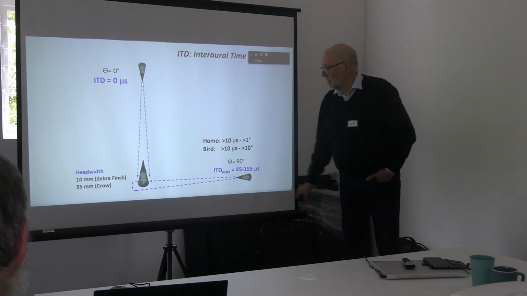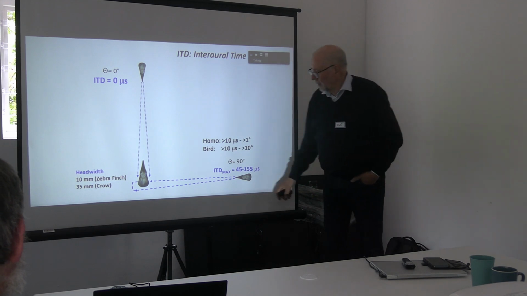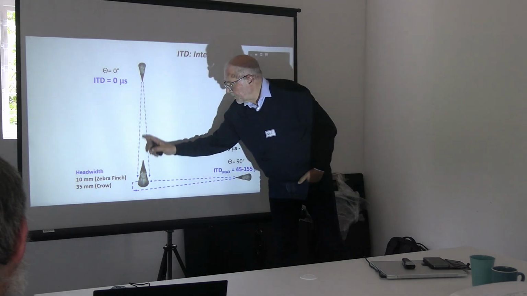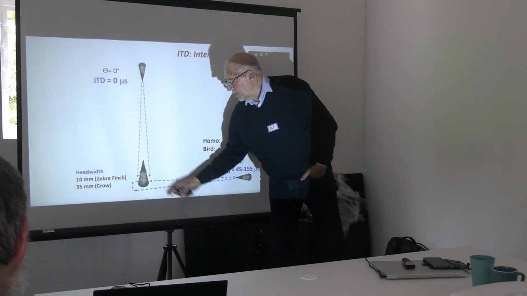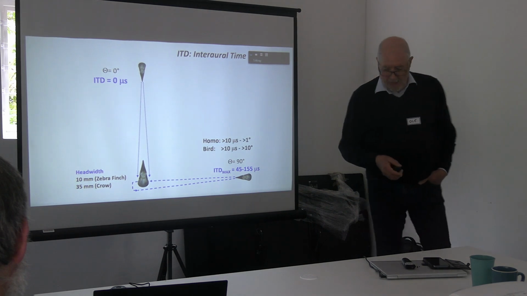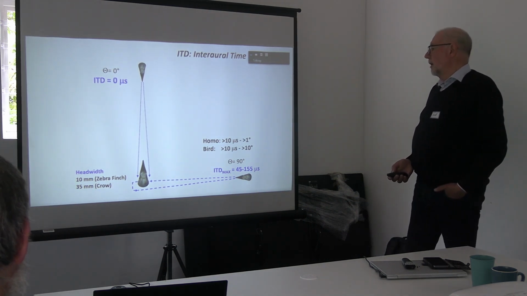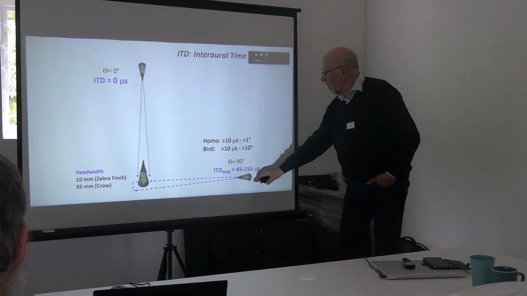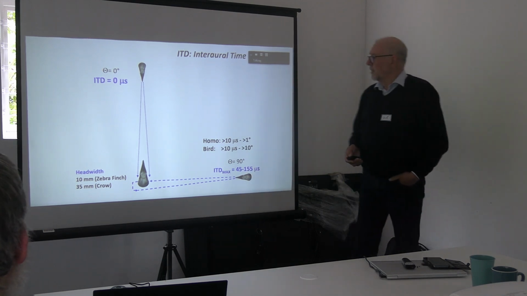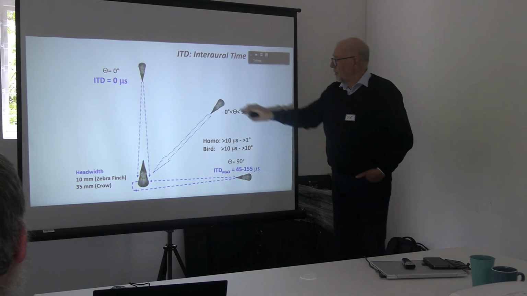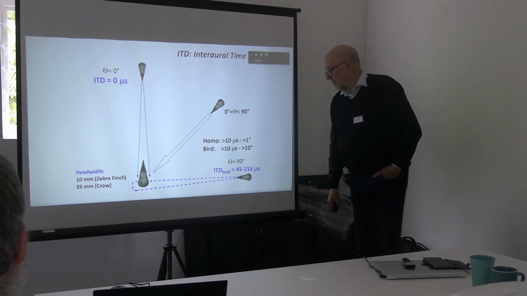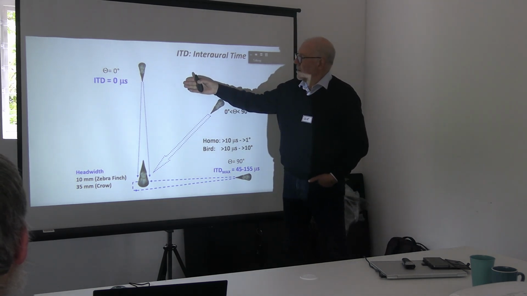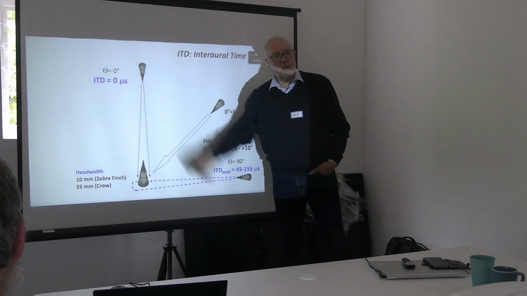The best accuracy, of course, would be if you got the sound arriving at one ear first and then the other. So that's in this position where you get the maximum interaural time difference. But if you are in between these positions, then you get smaller and smaller time differences. And the question is how close you can come before you really can't distinguish between these two positions.